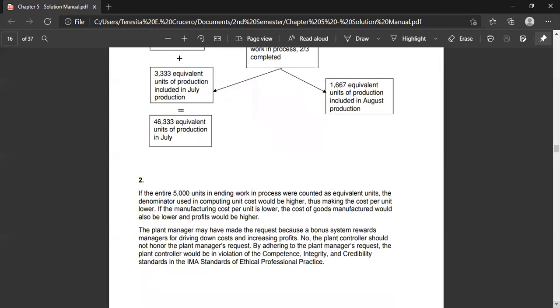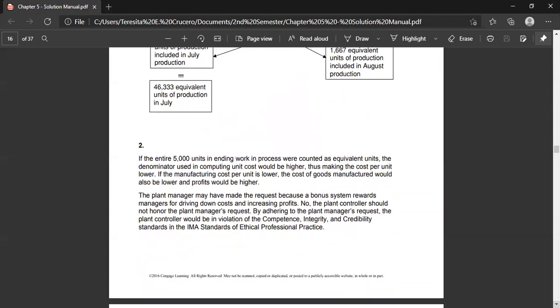So we have in requirement number 2, what would be the effect on unit cost and profit to the plant controller? Now, if the entire 5,000 units in ending work in process were counted as equivalent units, the denominator used in computing unit cost would be higher, thus making the cost per unit lower.